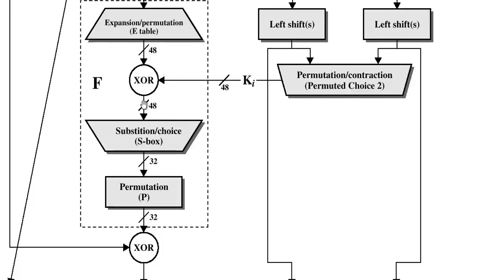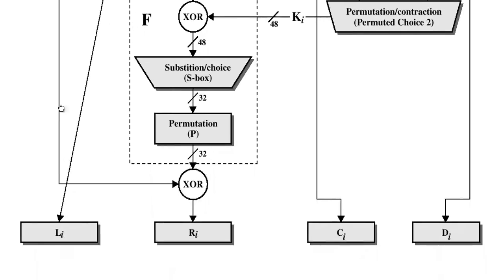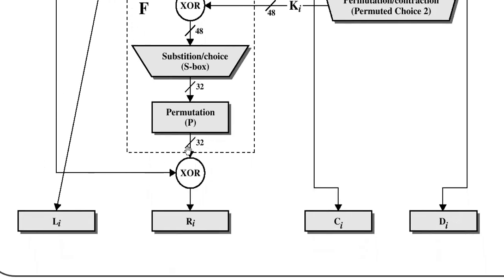So during the key addition XOR operation, you need to have 48 bits, and later on it must be 32 bits. After compression we get 32 bits, and finally there is a permutation, with the help of which we get the 32-bit value. Our left half is XORed with the result we obtain after the permutation, and the new Ri is generated.